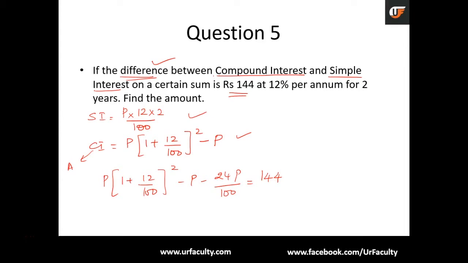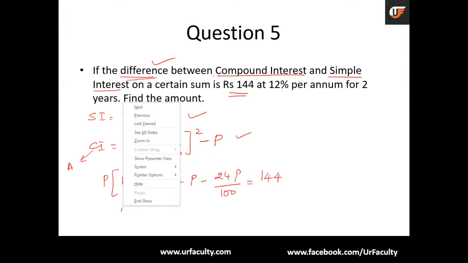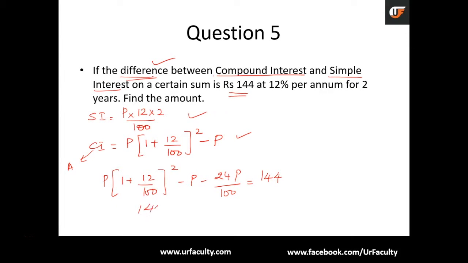I'll not spend my time in solving this. So what you get ultimately is 144 by 100, or 100 square, is equal to 144, and you cancel this, you get P is equal to, so this is the value that you get.